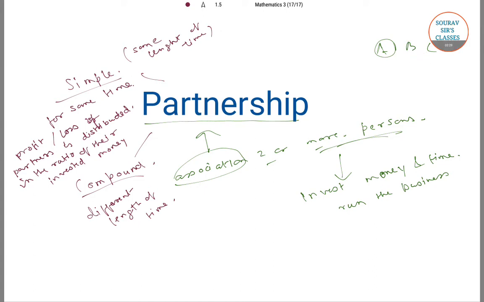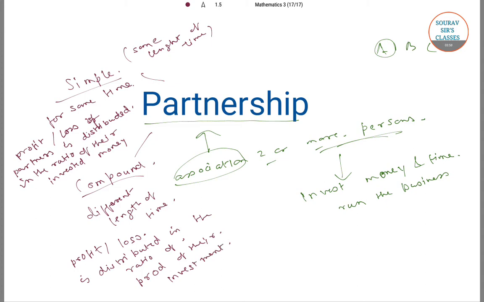In compound partnership, the profit or loss is distributed in the ratio of the product of their investment, that is the money invested, and time for which the money is invested.